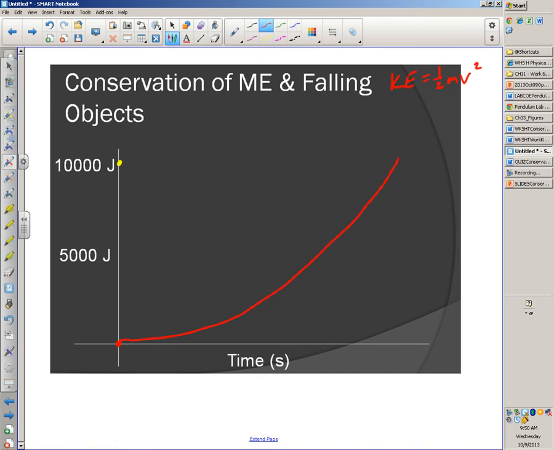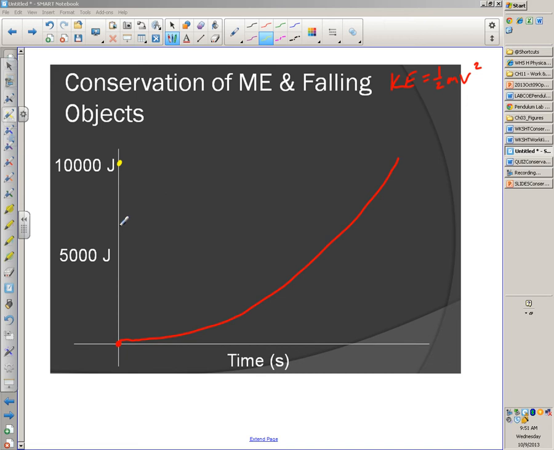What did we say has to happen correspondingly to the potential energy? It has to decrease, right? But is it just going to go straight down from here to there? No, right? These two graphs are going to have to be what of each other?